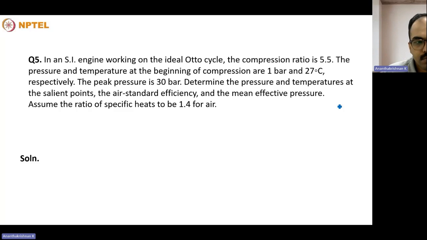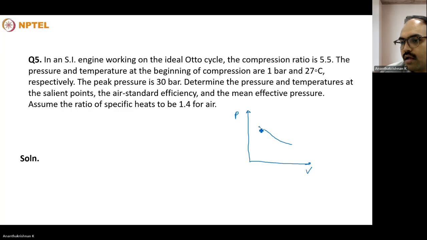So it's a straightforward problem. We need to just draw the PV diagram first to identify which are the state points. It's an SI engine. There will be a reversible adiabatic compression, followed by a constant volume heat addition process, then reversible adiabatic expansion, and constant volume heat rejection.